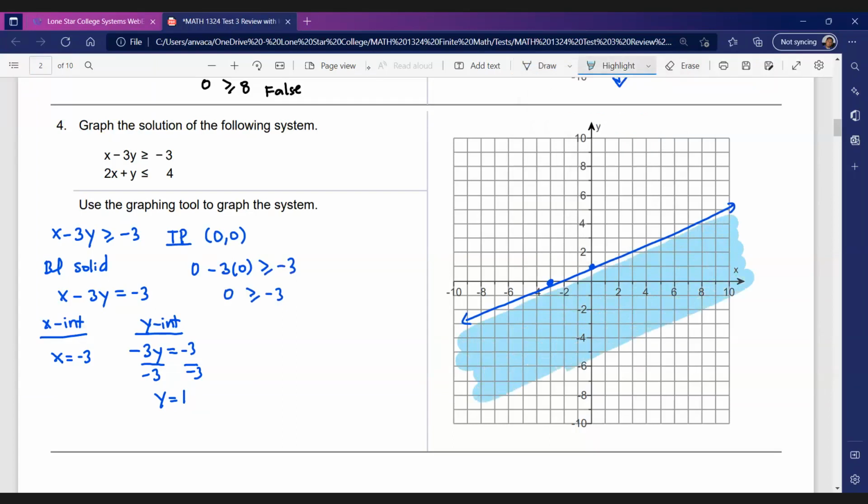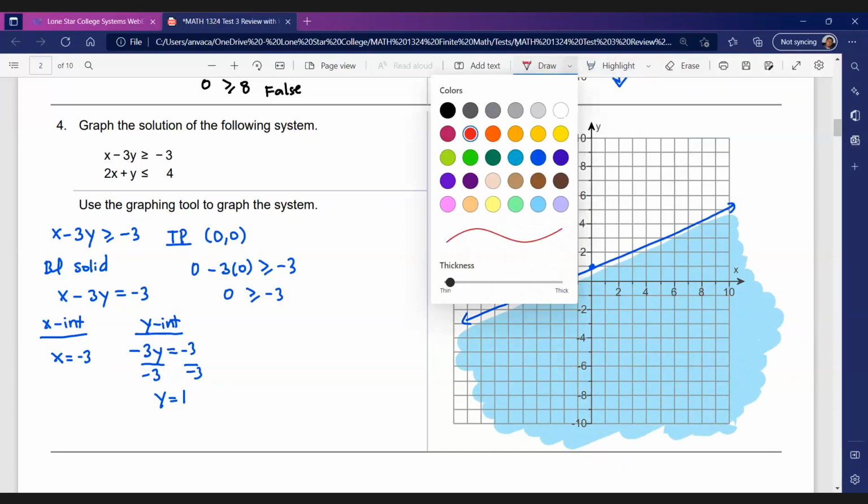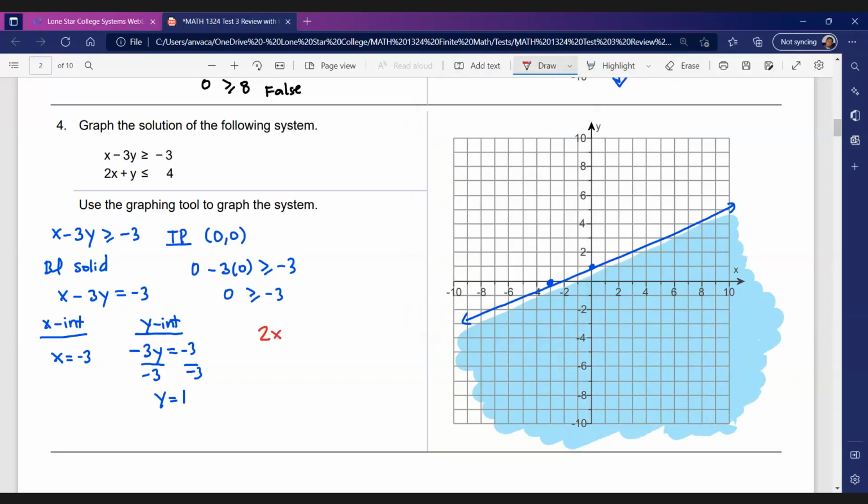Okay, so we have another linear inequality that we're going to graph on the same grid. Let's choose a different color here. We have the linear inequality 2x plus y is less than or equal to 4.